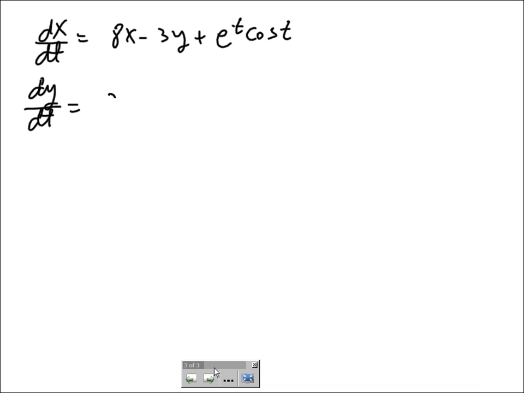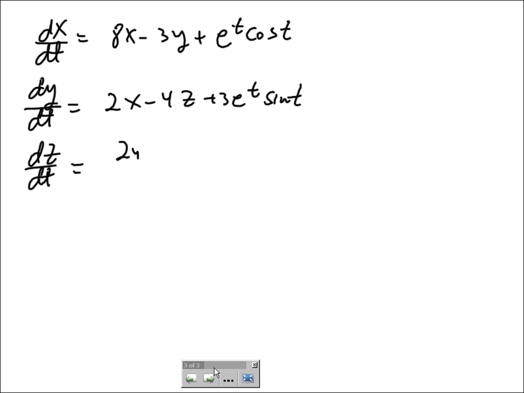Suppose that you come to learn that dx/dt is 8x minus 3y plus e to the t cosine t. dy/dt is 2x minus 4z plus 3e to the t times the sine of t, and dz/dt is, say, 2y plus 3z plus 2e to the t.